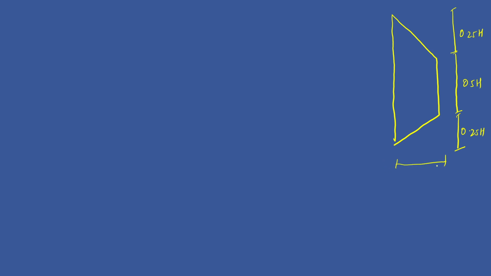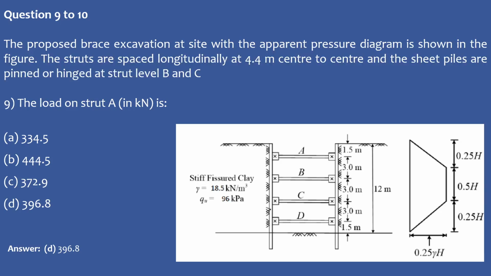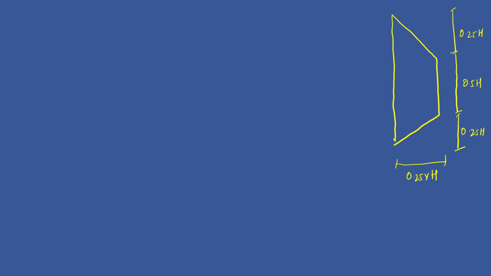So this is your 0.25 gamma h. So you need to evaluate how much is the load coming on the strut A in kilonewton.